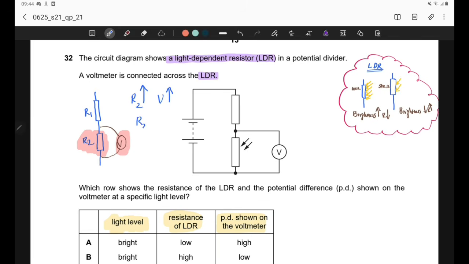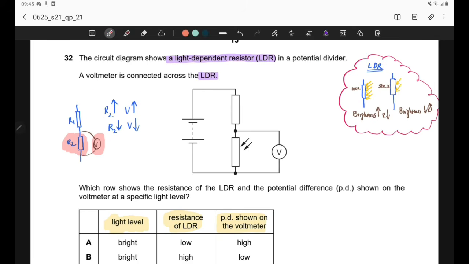Or if the resistance of R2 decreases, the voltage drop across that component, or the reading on the voltmeter, will reduce. A potential divider circuit is nothing but two resistors connected in series. If you know these two properties, we can check what the correct option will be.